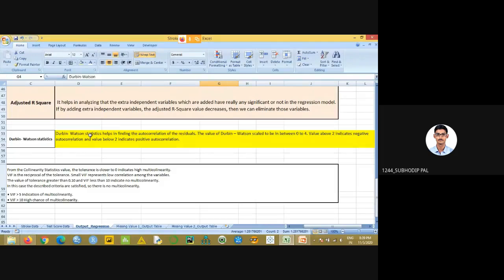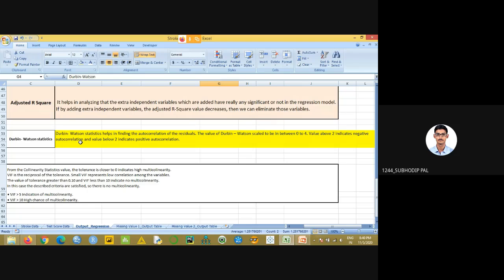So this is what Durbin-Watson statistics helps in finding: the autocorrelation of the residual. The value of the Durbin-Watson scale will always be between 0 and 4. A value above 2 indicates negative autocorrelation. Negative means what? One will increase, another will decrease.